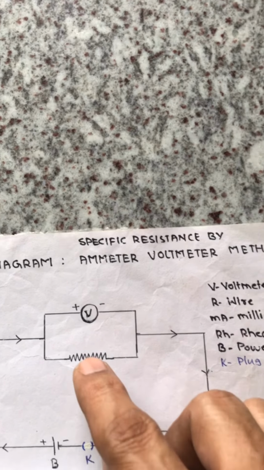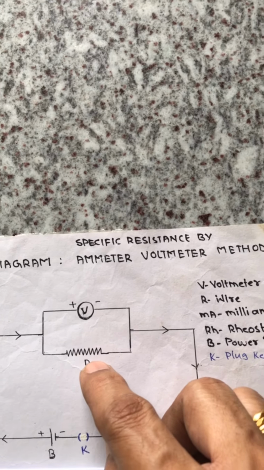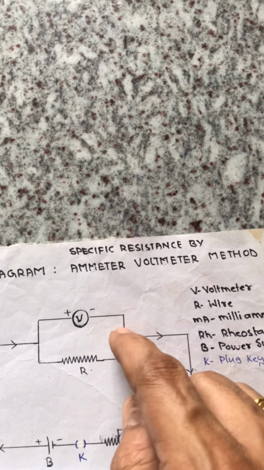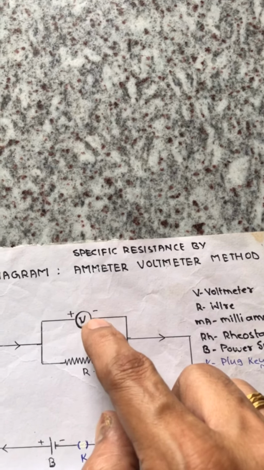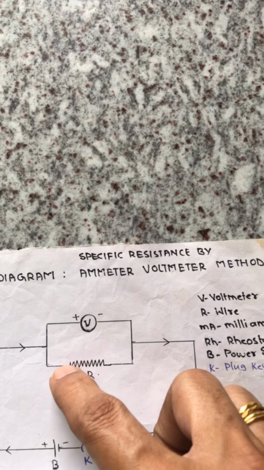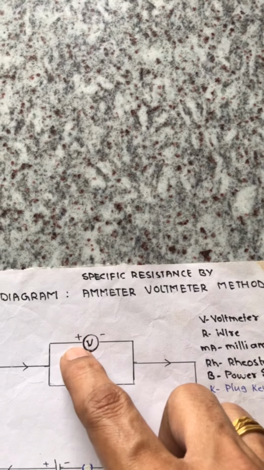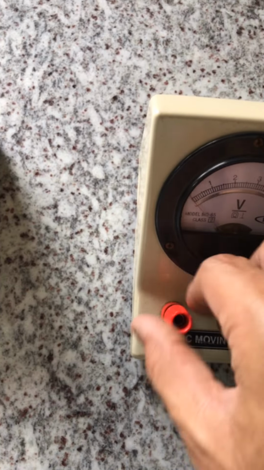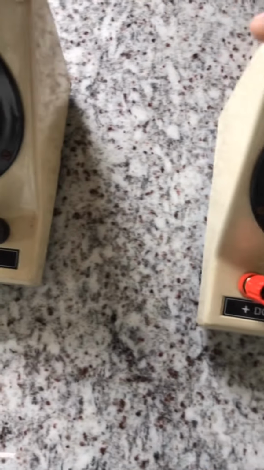How the connection is made, this is a wire, fine. Anyway, the wire will be a wire itself. So straight away take the wire's one end and plug it into the negative of the voltmeter, and take the other end of the wire, the resistor, and plug it into the positive of the voltmeter. Now, while you are connecting, please remember that you don't have to use your might to tighten the screws.